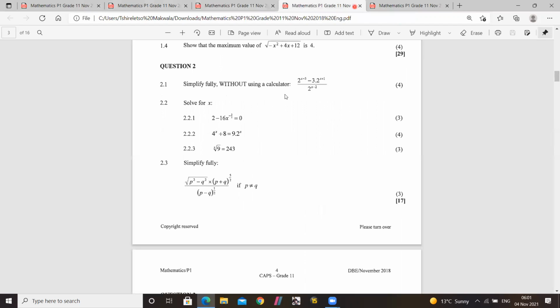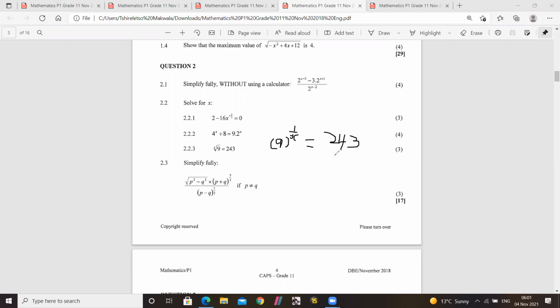Then this one, 2.2.3. So let's do this one. This is the same as saying 9 to the power of 1 over x, equals 243.